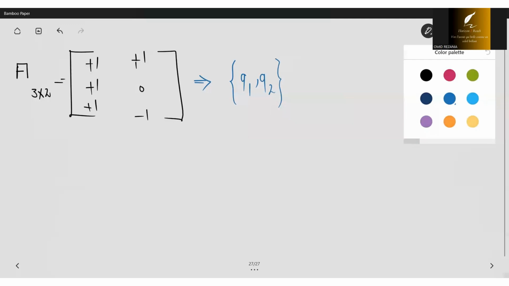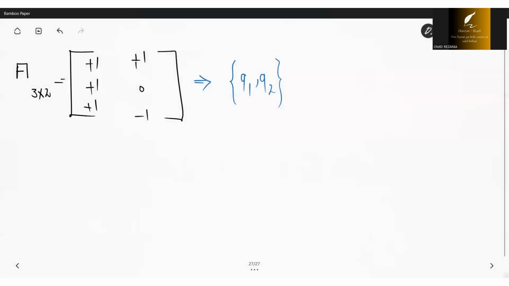However, I'm just going to take this Q1 and Q2, which I found, and they are going to form the matrix Q. Why am I doing that?